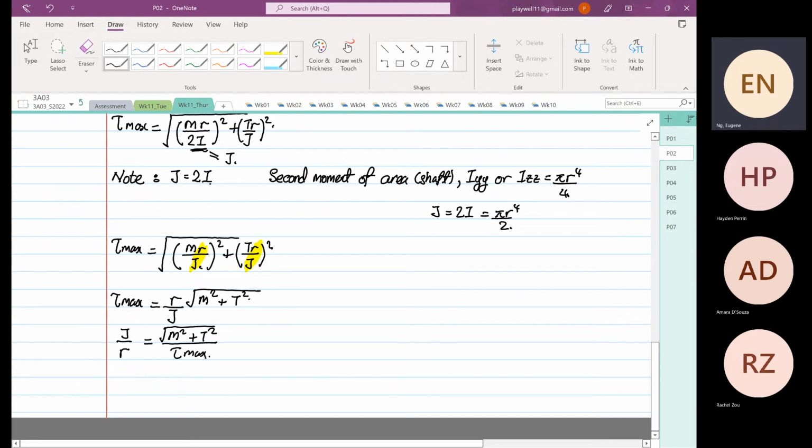So pi R^4 over 2R is equal to square root of M squared plus T squared over tau max, right? So I'm going to write the formula. I'm going to continue on the same page so it's easier to follow.